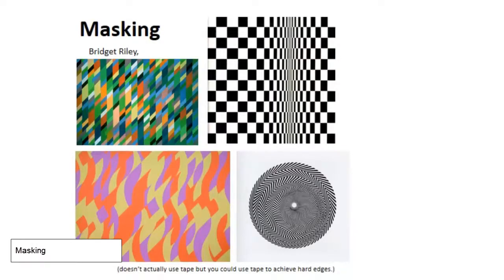Masking is the first technique. I don't know Bridget Riley masker paintings, but masking just means you use masking tape to achieve hard edges. Now, when we did the paint handling assignment, some of you probably used masking tape to make your hard edge abstract painting. If you didn't, now's your chance to finally use this. And for those of you who did, now you can use it in different capacities with different results.